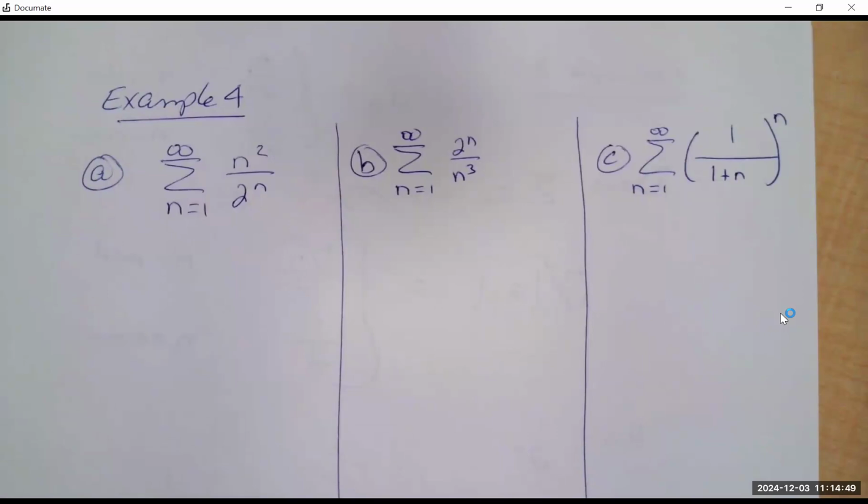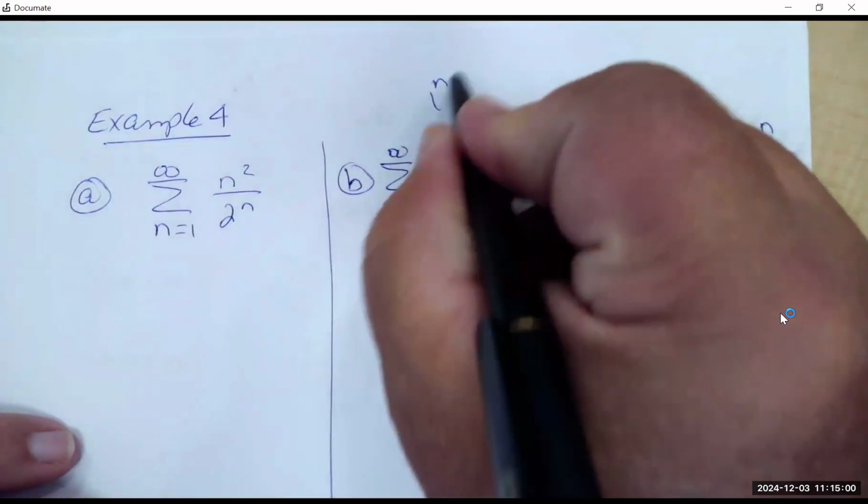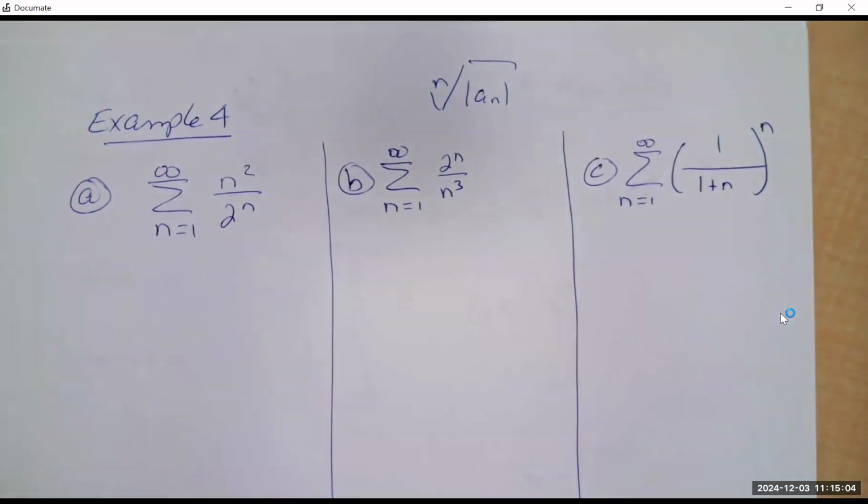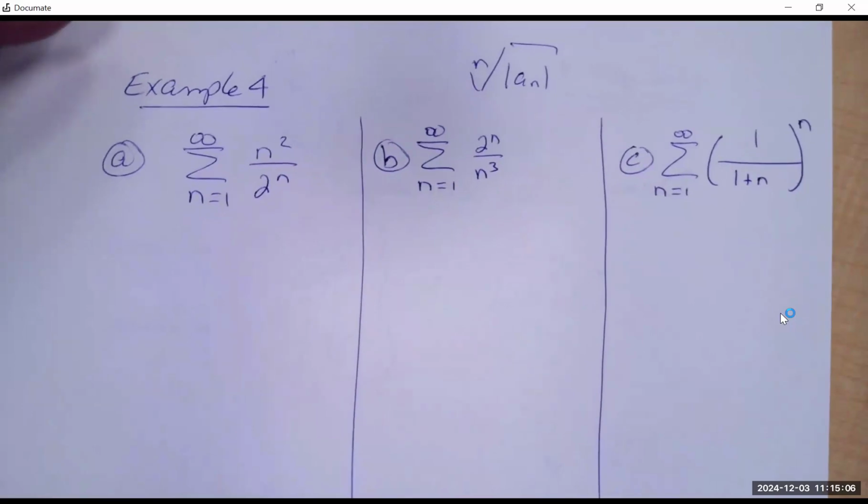So what test do we do for these? Remember, what did the root test tell us to do? So we take the nth root of everything and see what happens.